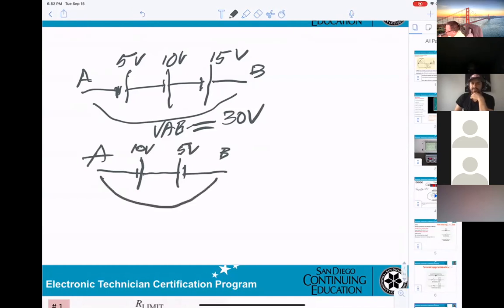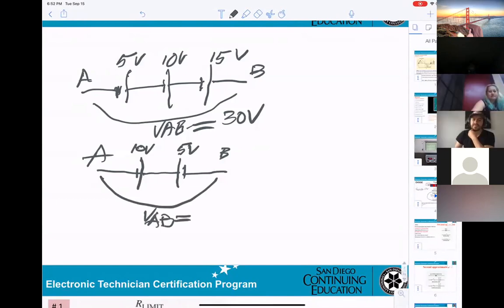What is the voltage VAB? 5 volts. This is connected positive to positive, so the voltage has to be the difference. 10 minus 5 equals 5. That is the way of battery connection.